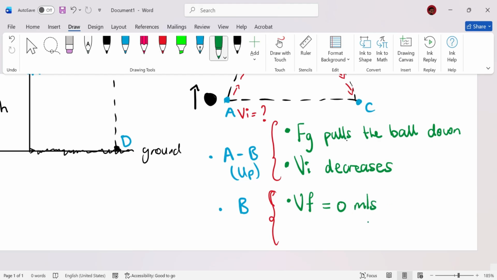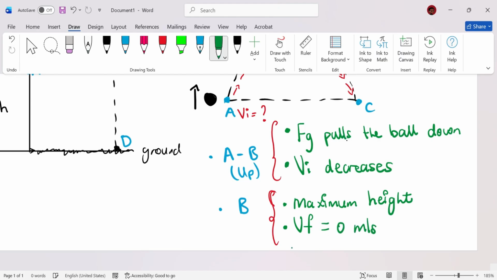Before I get to the final velocity point, we call point B, guys, I'm so sorry, please try to journey with me, our maximum height. So point B is our maximum height, right? And at the maximum height, the velocity of the ball, which we will call the final velocity, is equal to 0 meters per second, right?